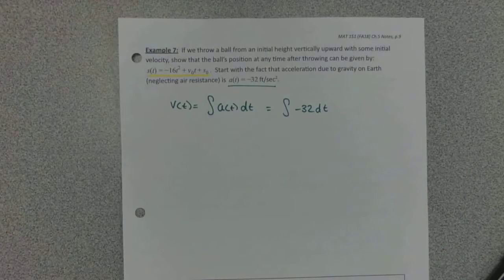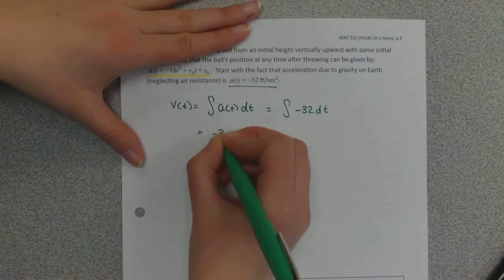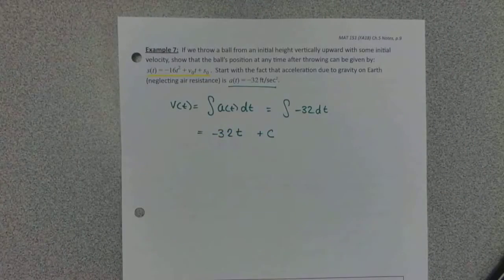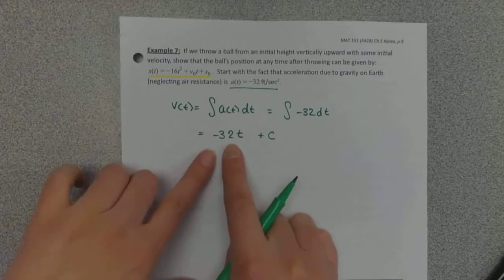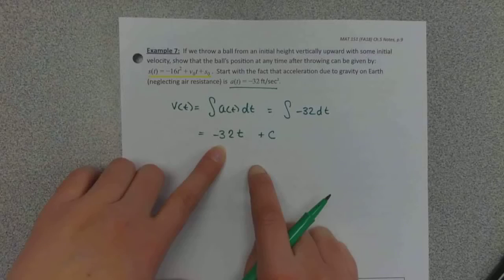That's going to be negative 32t plus c, because 32 is a constant, right? If I take the antiderivative of negative 32 and then do the derivative of negative 32 times t, I'm back to negative 32 plus c, right?